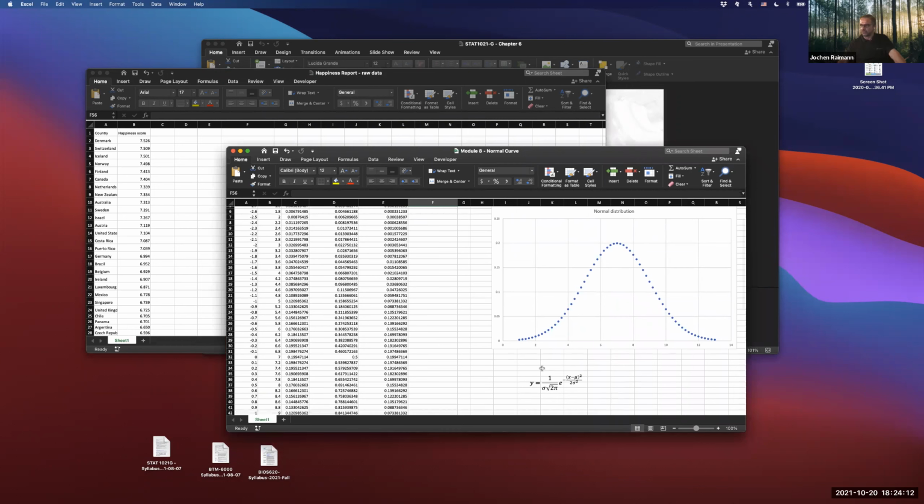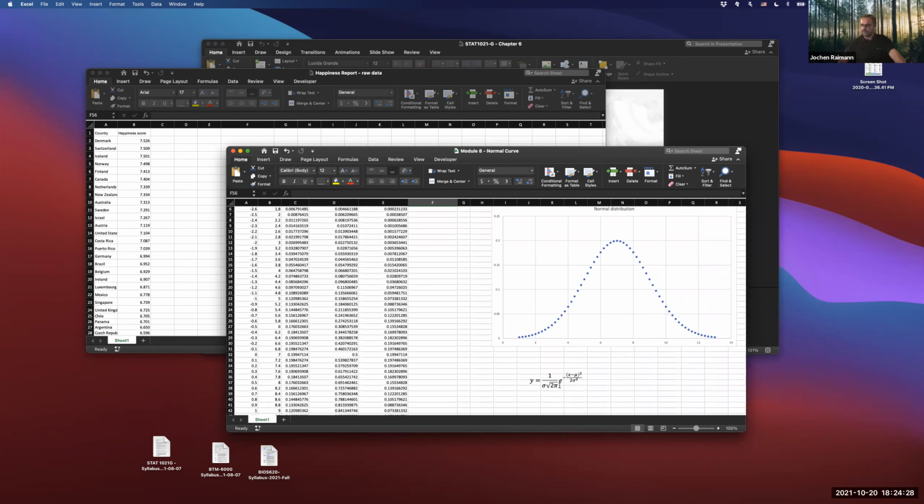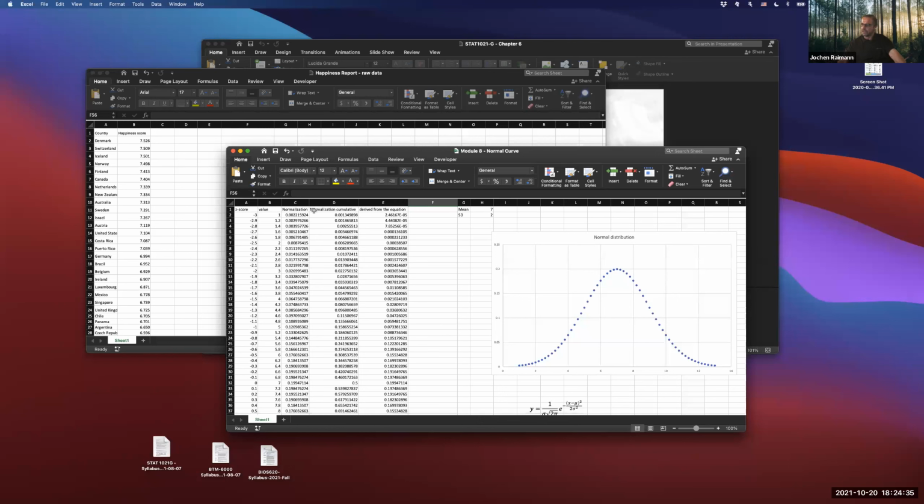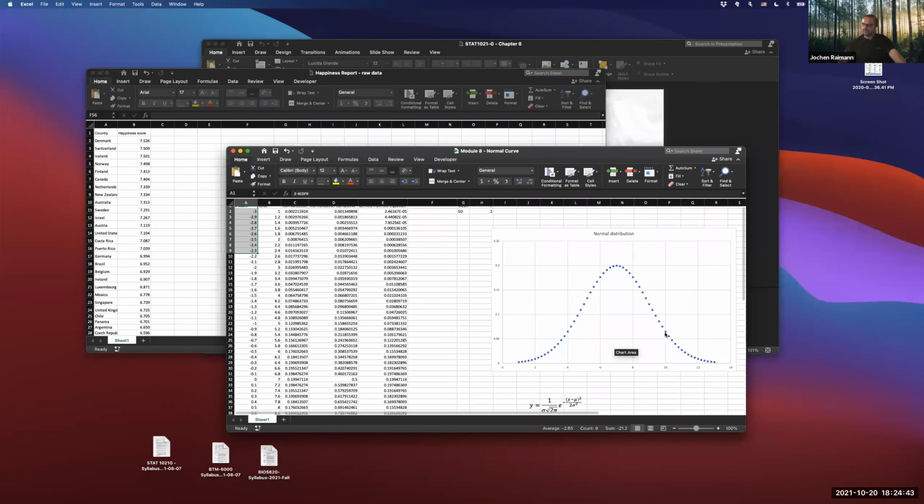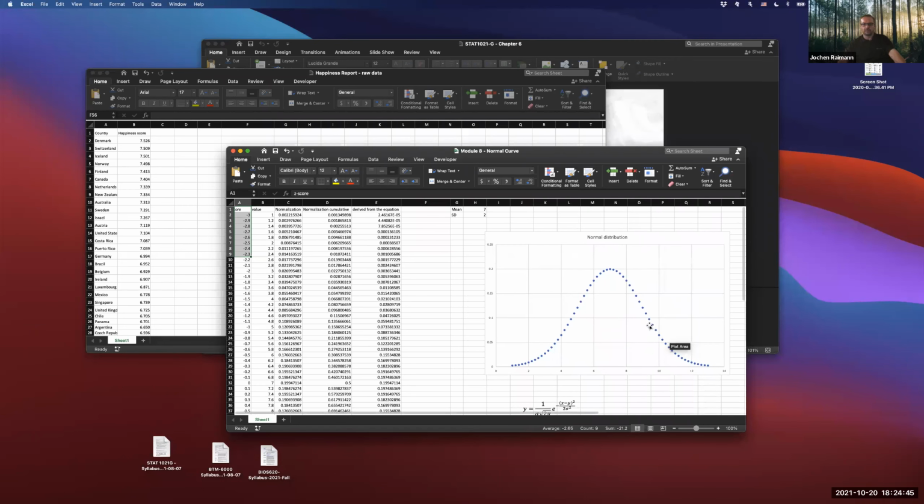And this is the equation to define the normal curve. So this y on the y-axis is defined by the x, by the mu and the sigma, and pi as 3.14159.